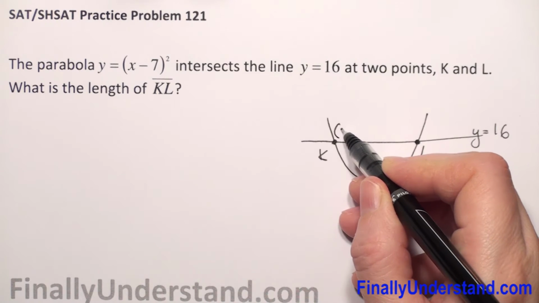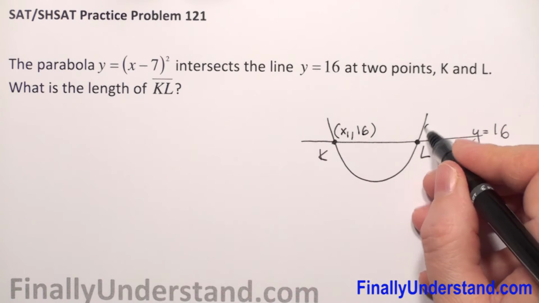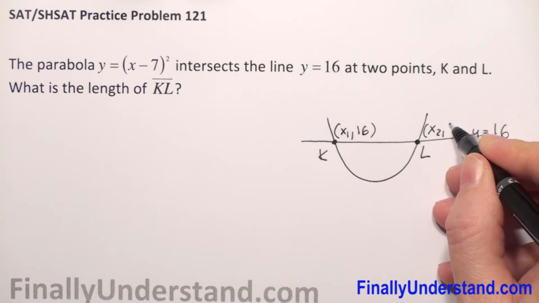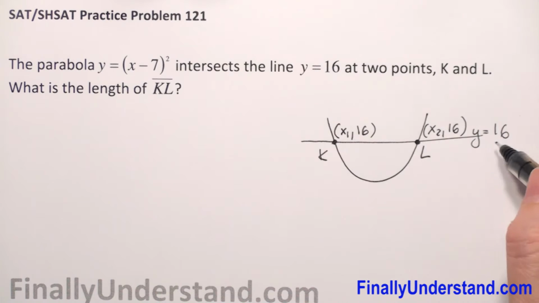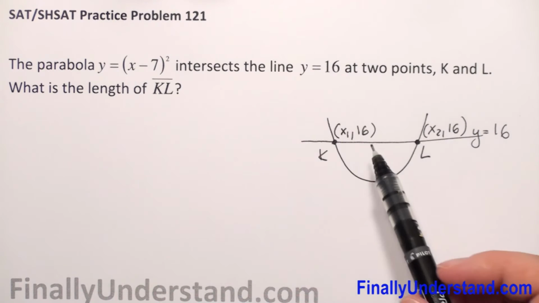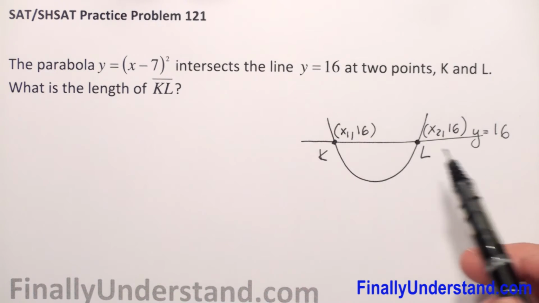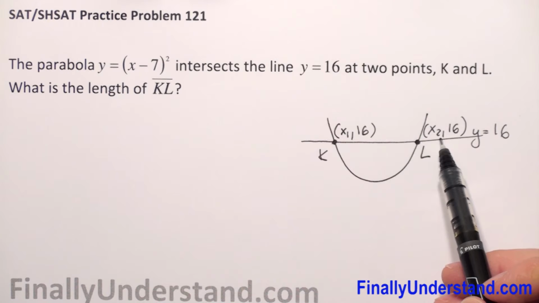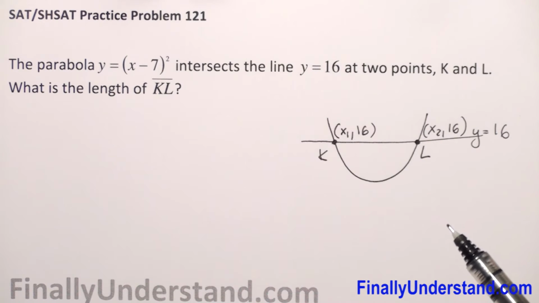Let's say this is x1 and the second is 16, and here will be x2 and the second coordinate is 16, because the line which cuts our parabola is y equals 16. So we need to find x1 and x2 only. When we have x1 and x2, we will find the distance between these 2 points.